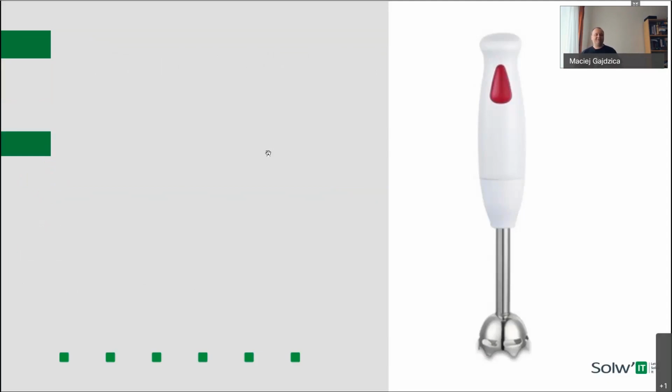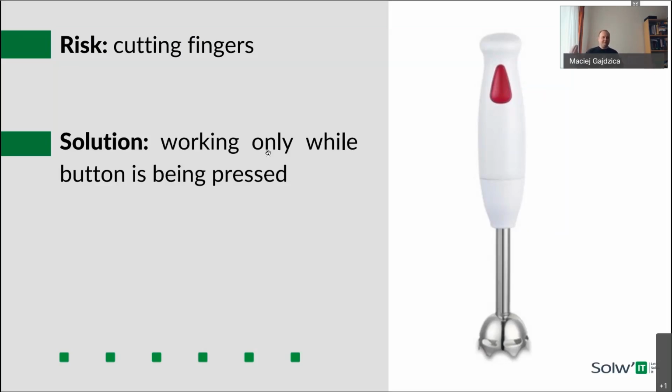Okay, now let's take a look into some simple examples. This is kitchen blender, and this blender have some sharp knives. So the risk here is that we could cut our fingers. So how we could solve this problem? We have button, and for this blender to work, this button must be actively pressed all of the time.